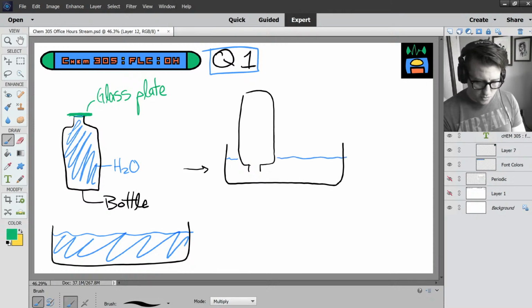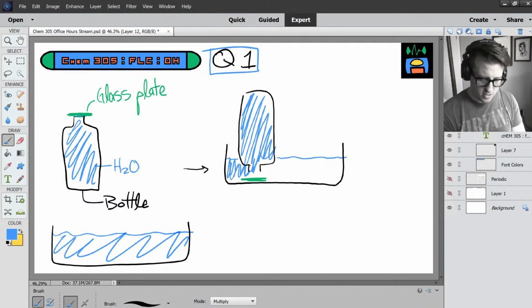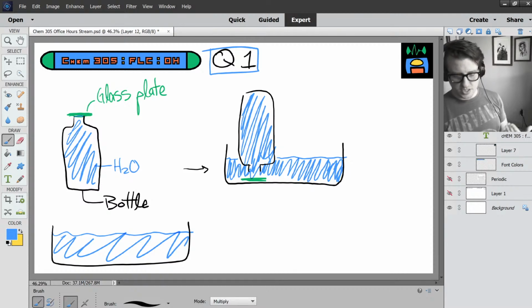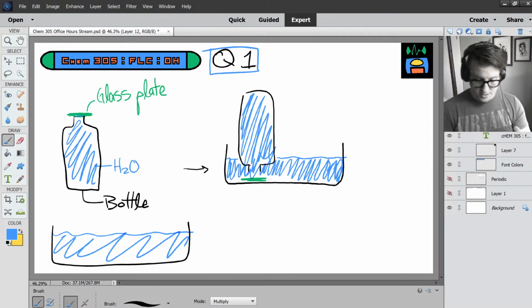All right, and then you remove the glass plate so that you just have this whole thing with water, but then also you've got all of this filled with water. And the question is, why doesn't the water spill out?